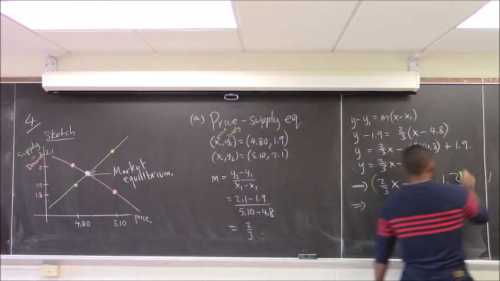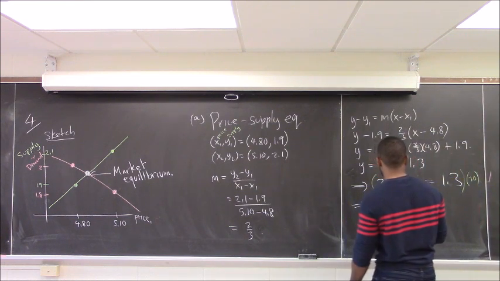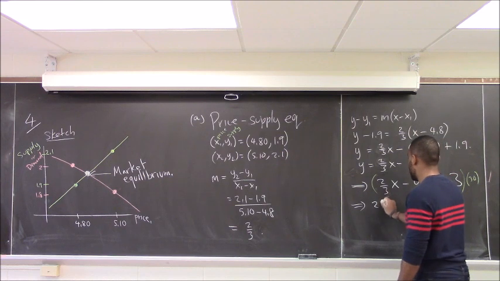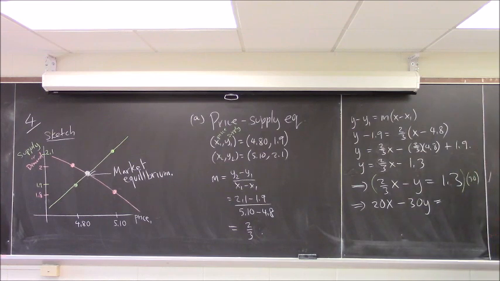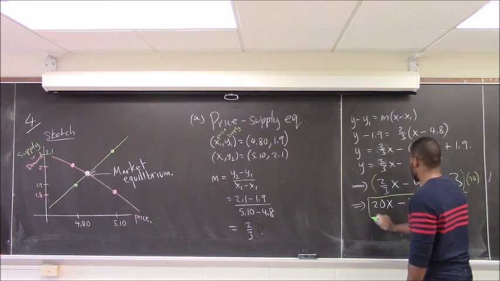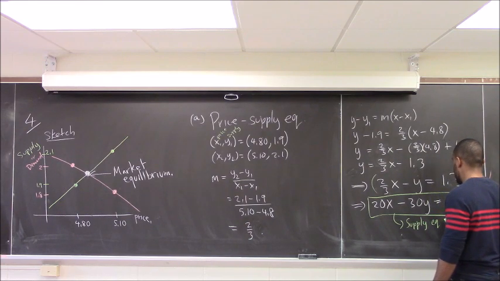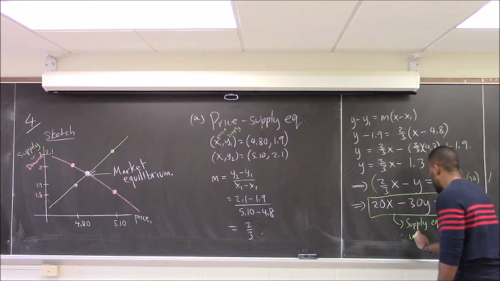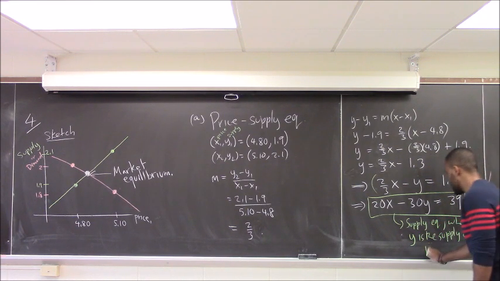Not completely necessary, but just to make the numbers nicer on myself. So 30 times this, that will be 20x minus 30y is going to give me, what's 30 times this? So 10 times that is 13, what's 39? 39. So I can have, this is my supply, where y is the supply at price x.